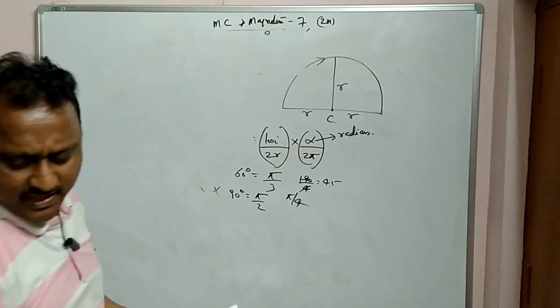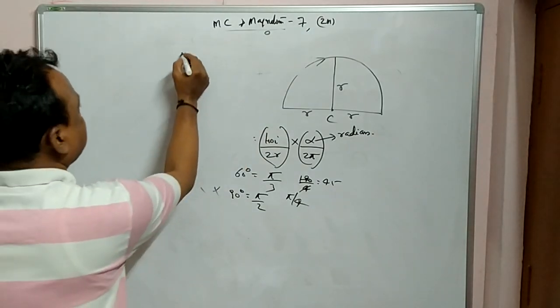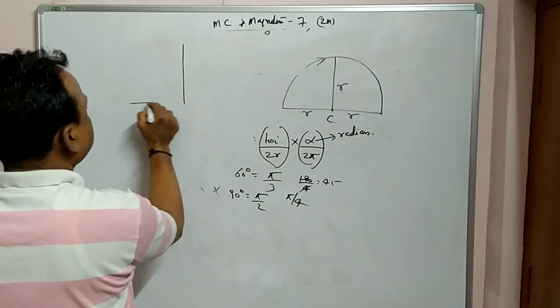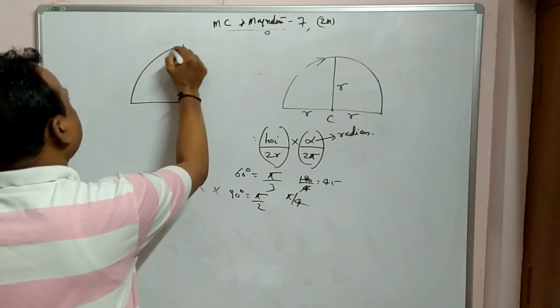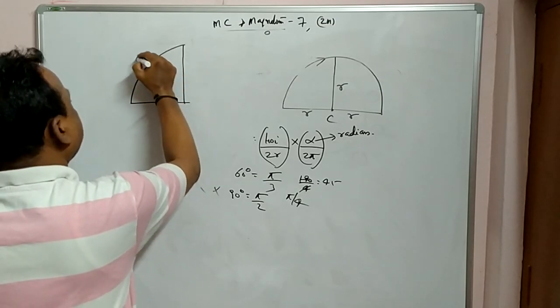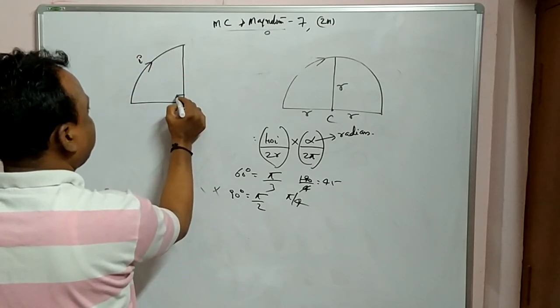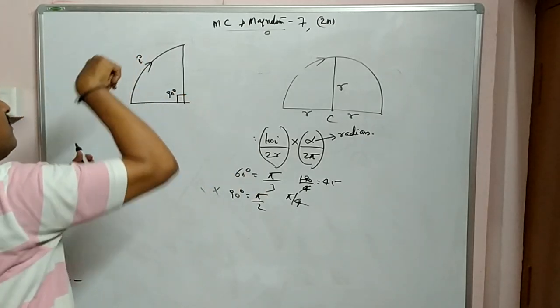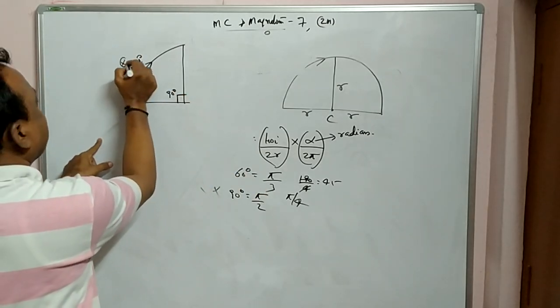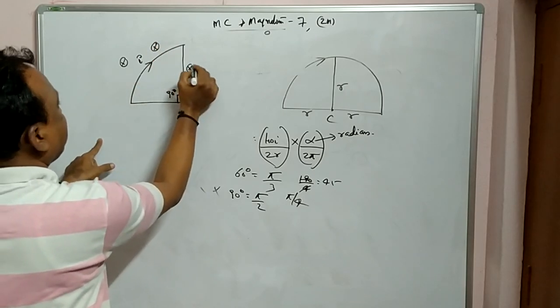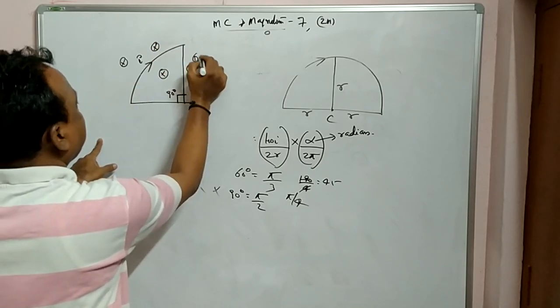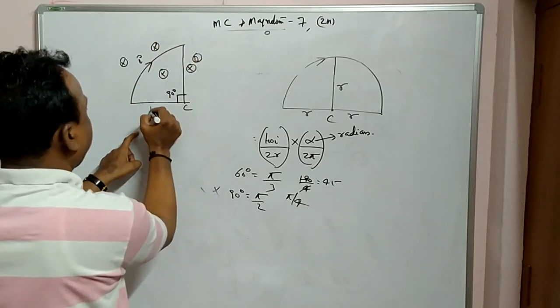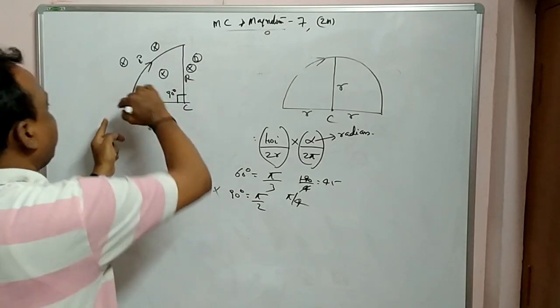A quadrant can also be done like the same thing. What is the total angle here? 90 degrees, and the same formula applies. Again, the magnetic field is going inside, you can see. At this point, this is again radius R, and it is again making an arc.